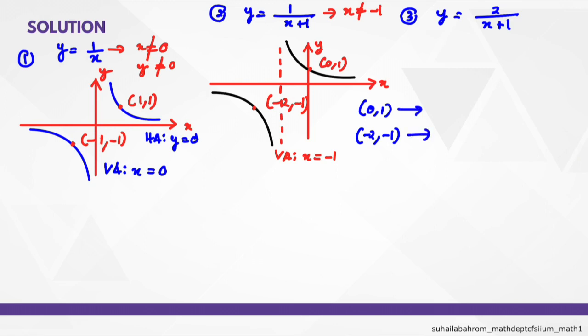For the next step, when our graph stretches vertically by a factor of 2, vertically means the changes are on our y, so every y we have to times by 2. So you will get the new coordinates: here should be 0, 2, and here should be -2 and -2. Next we have to sketch the graph.